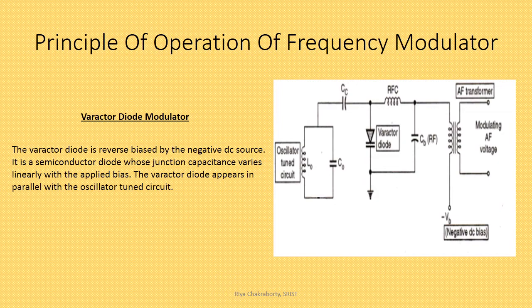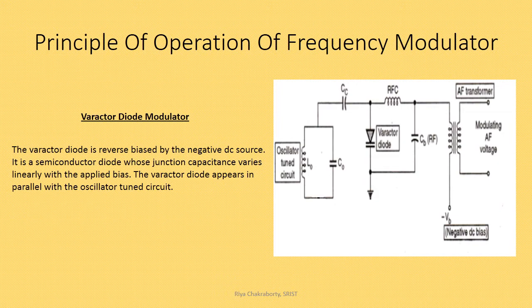The modulating AF voltage appears in series with the negative supply voltage. Hence, the voltage applied across the varactor diode varies in proportion with the modulating voltage. This will vary the junction capacitance of the varactor diode.